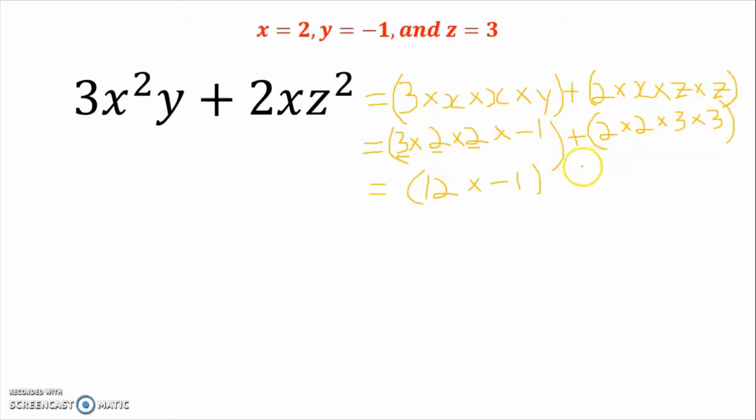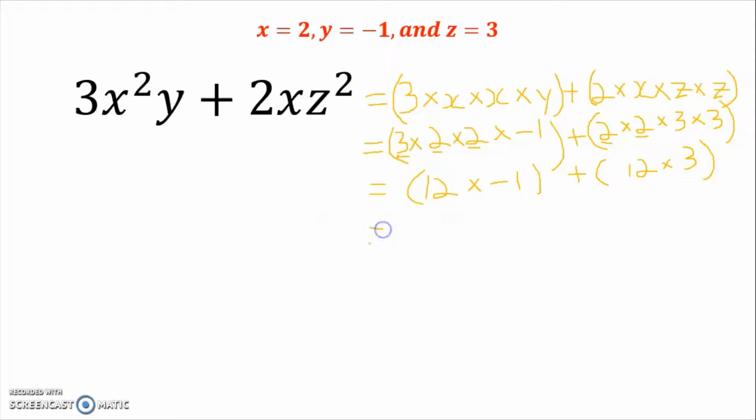Across here, we bring down the plus sign, open our bracket. 2 times 2 is 4, and 4 times 3 is 12. So we get 12 again, but this time it's 12 times 3.